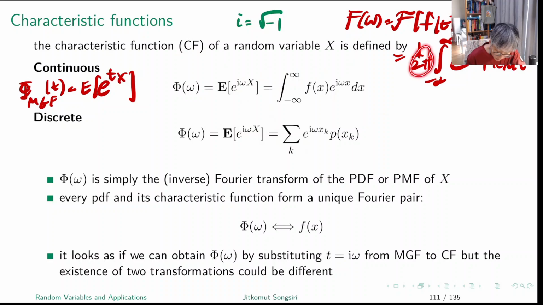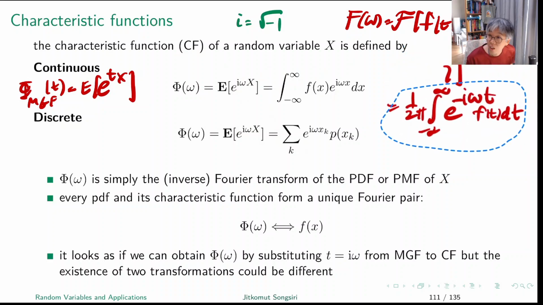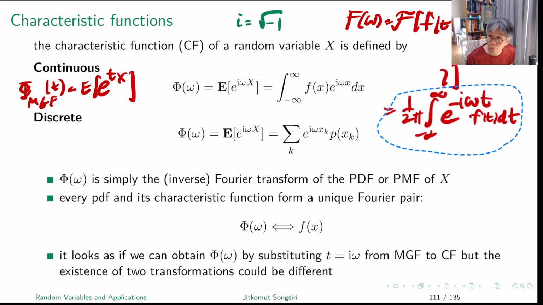The Fourier transform by definition is this. And remember that the factor of 2 pi is just a normalization factor that can either be on the Fourier transform side or on the inverse Fourier transform side, or the normalization can be taken symmetrically.